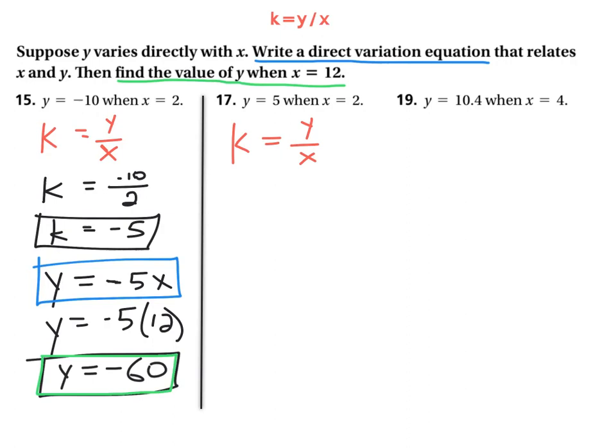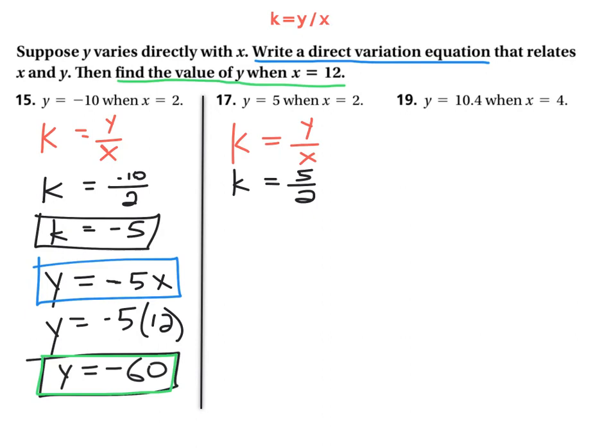Anyway, we need to solve for the k value first. So k is going to be equal to y, 5, over x, 2. Now that we solved for that, we can then write the equation, and I'm going to write it in blue because it's underlined in blue what they ask us to do up top.